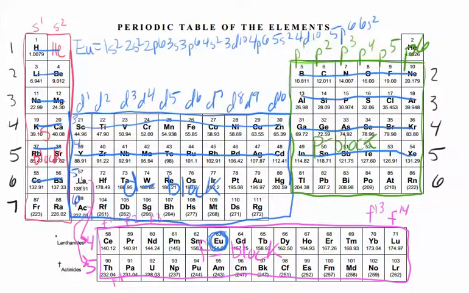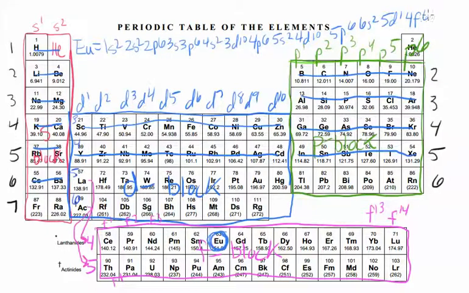So this is 5d1. So after 5d1, what happens is, instead of going on to 5d2, it starts filling in 4f1. So it goes 5d1, 4f1, 2, 3, 4, 5, 6.